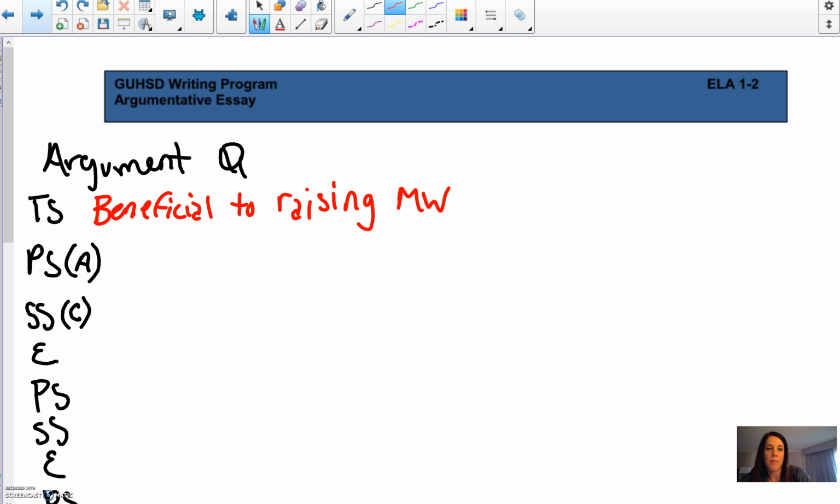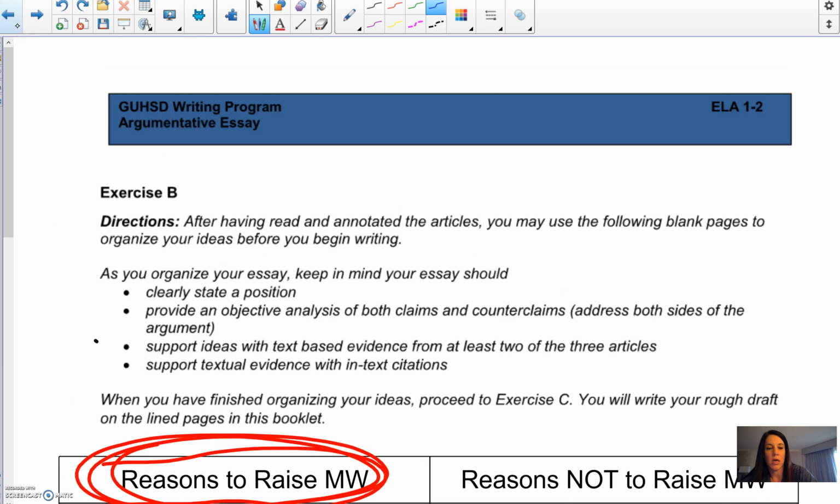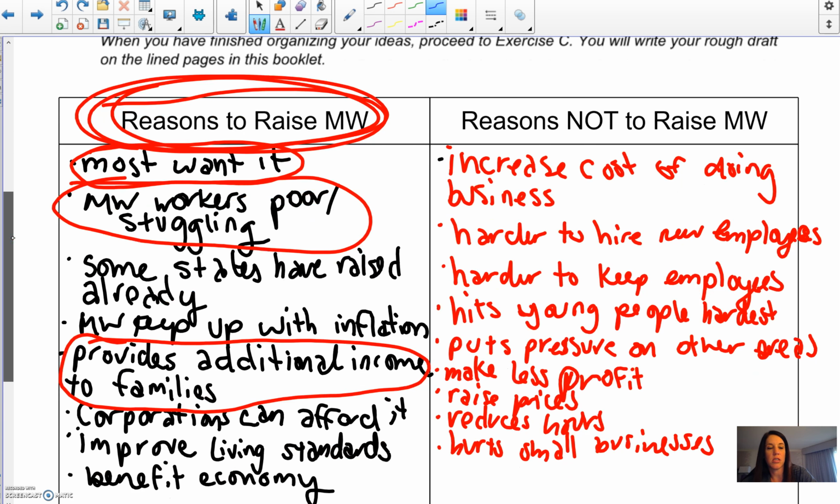So my first primary support or answer is that minimum wage workers are poor or struggling. Okay, the next one, if I go back to my T-chart and look, the next thing that I circled was that it provides additional income to families.